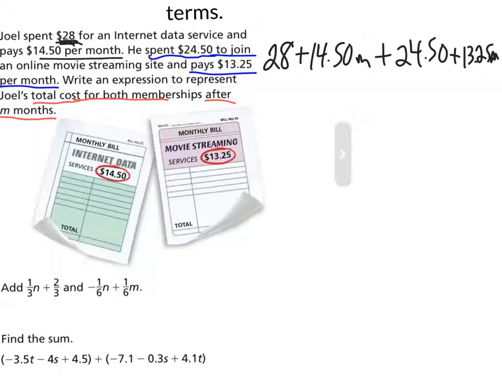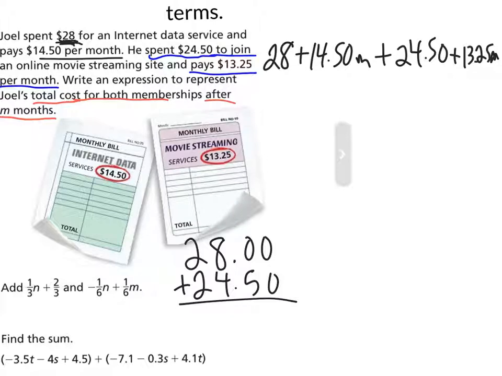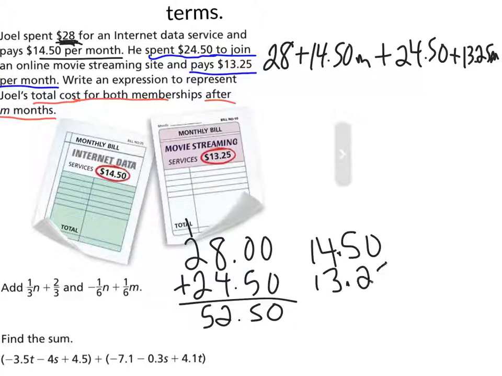Another option you have is just to combine the initial fees together. Initial fees, installation fees, joining fees, whatever we want to call them. And then we can combine the monthly fees together, which is really what we're going to do anyway, whichever way we do this.